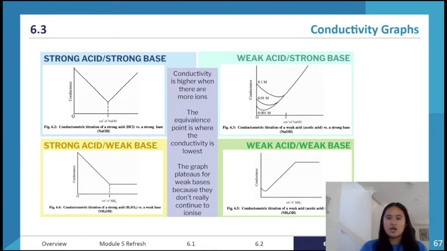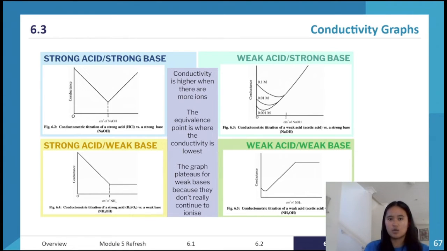You start off with lots of conductance because the strong acid or strong base is dissociated completely, so there are lots of free-floating ions. Then as they start to react, they form water, which is not conductive. It's not an ion, so it's not being measured.